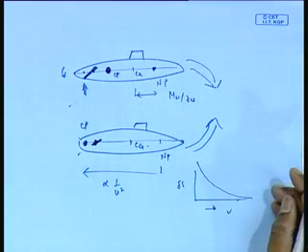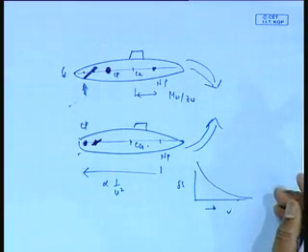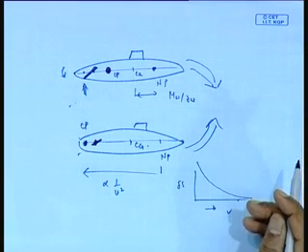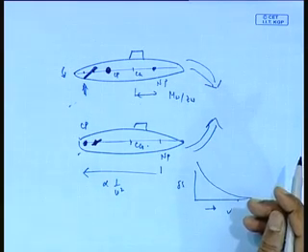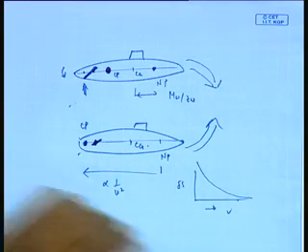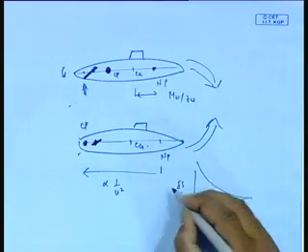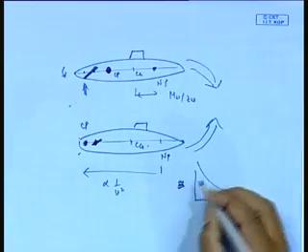Let me tell you this part. Here this is V, and this is the location of the Cp.